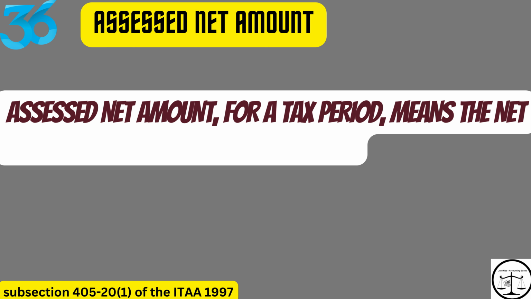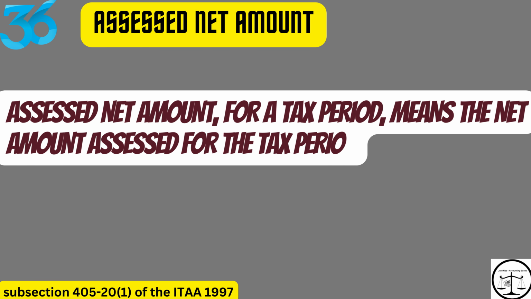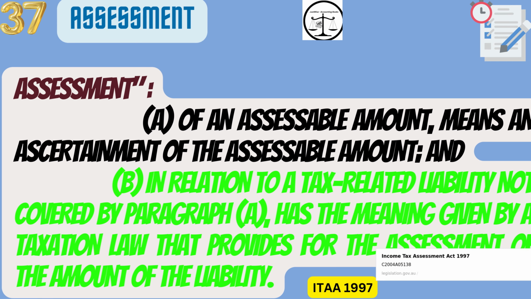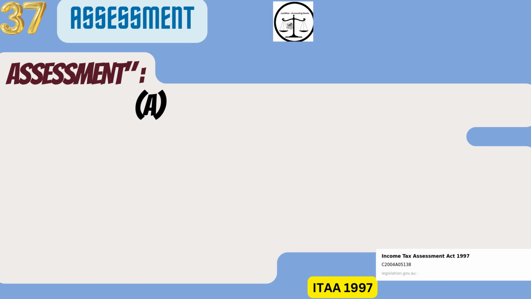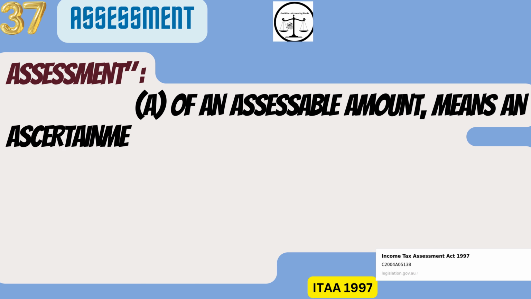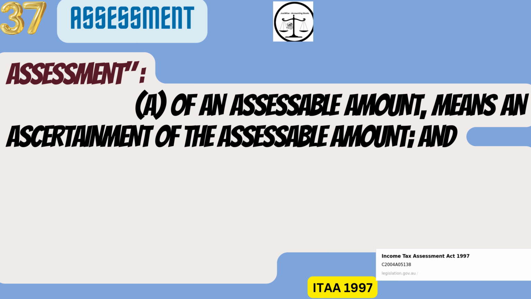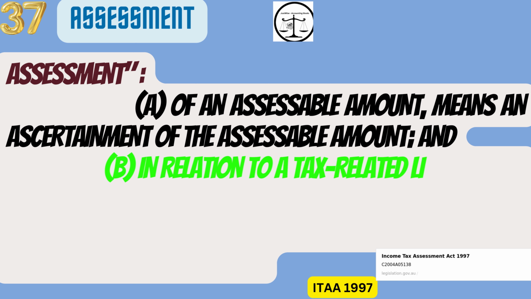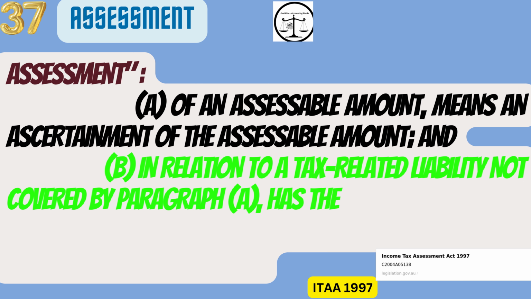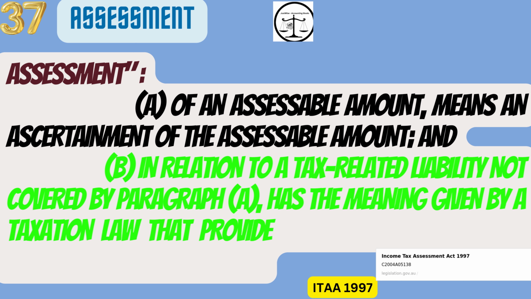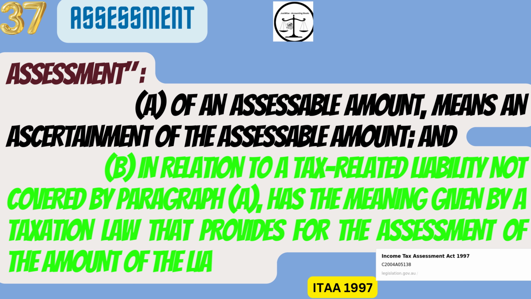Assessed net amount, for a tax period, means the net amount assessed for the tax period. Word number 37. Assessment has the meaning given by the ITAA 1997. Assessment: (a) of an assessable amount, means an ascertainment of the assessable amount, and (b) in relation to a tax-related liability not covered by paragraph (a), has the meaning given by a taxation law that provides for the assessment of the amount of the liability.